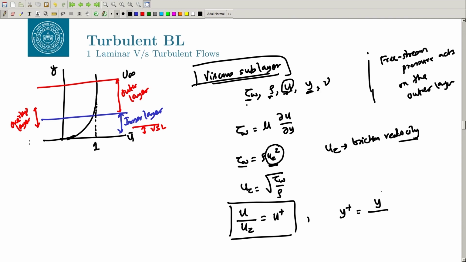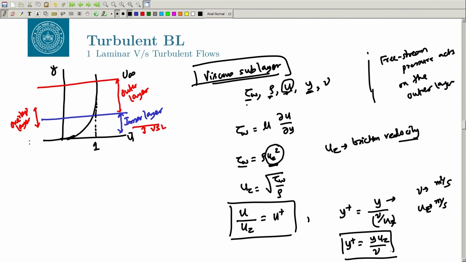If you make the scaling argument, y is in meter, and nu is kinematic viscosity, meter square per second, and u is meter per second. So nu by u becomes meter. It can be written as y u tau by nu, because u tau is my velocity defined here. So, I have defined a y plus here.